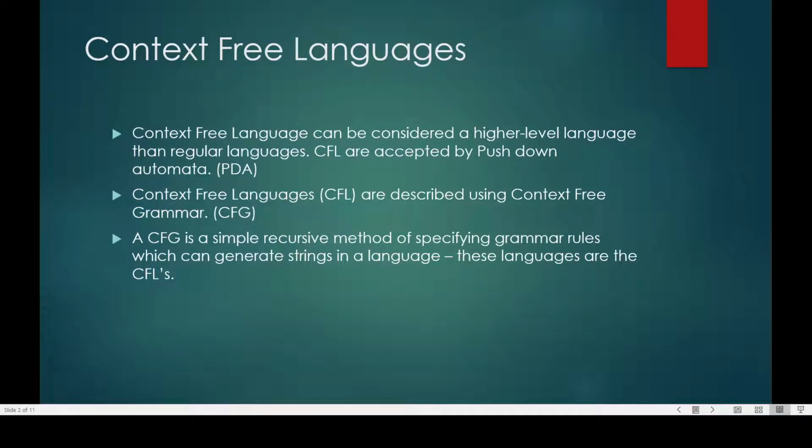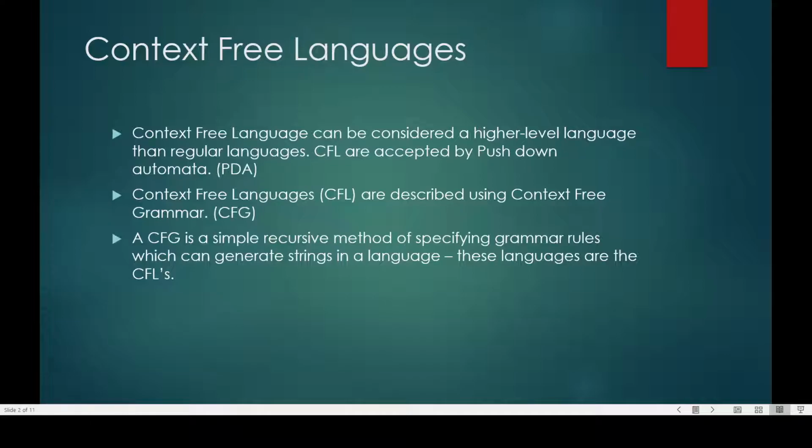So the first question that arises in our mind is, what are context-free languages? Context-free languages can be thought of as an extension to the regular languages which we've already studied, and they can be considered as a higher level language than regular languages.